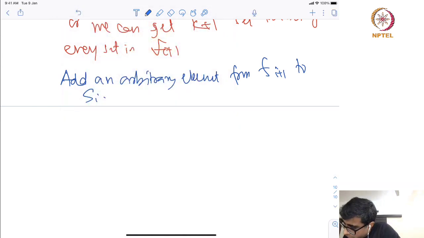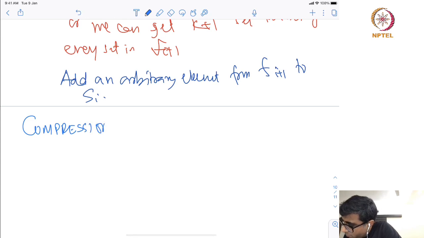So what is our compression problem? Compression 3-hitting set.